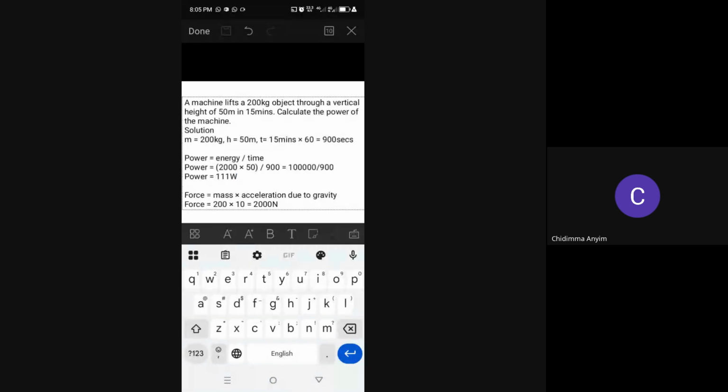Okay, so this is my question. In place of that 200 kg, I want you to put 50 kg there.